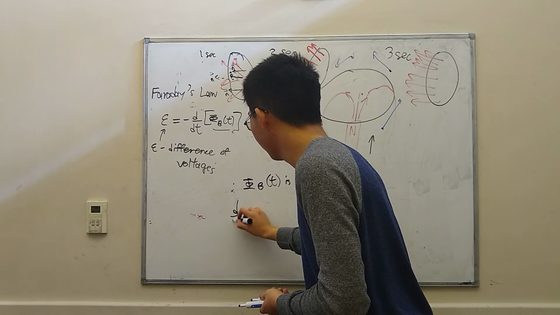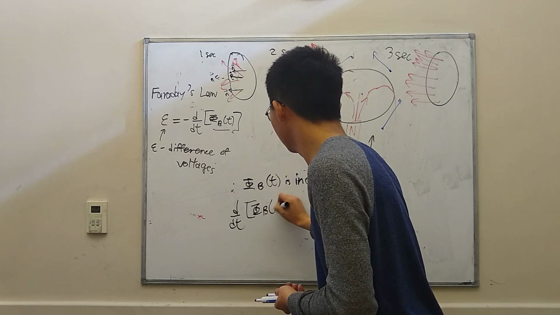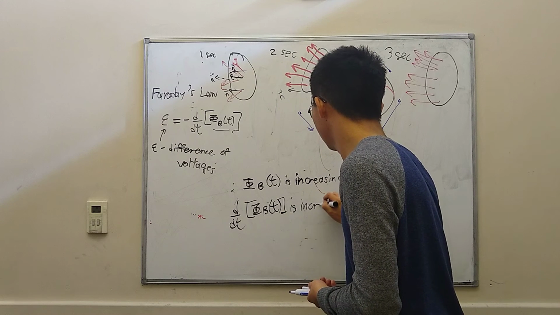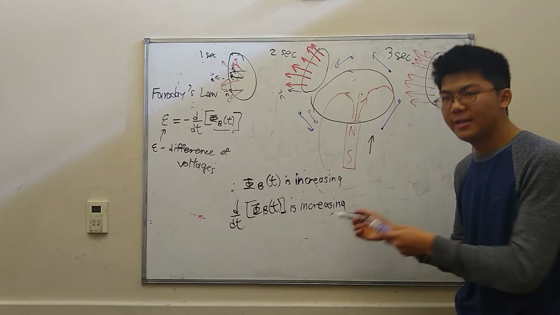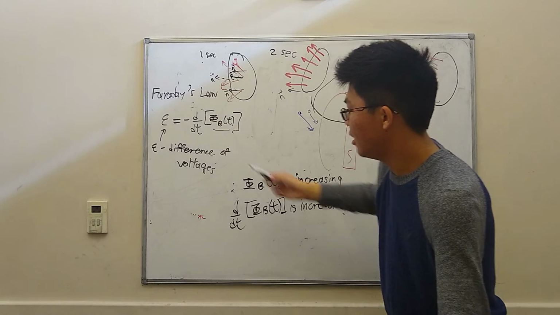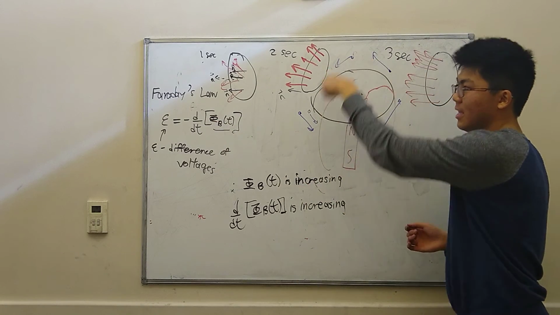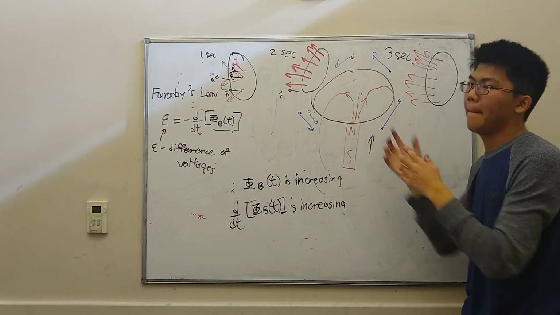And so all right, this is increasing. Now, we added the minus sign here just to make sure that the current doesn't rotate this way in a clockwise pattern. It's going to rotate counterclockwise.